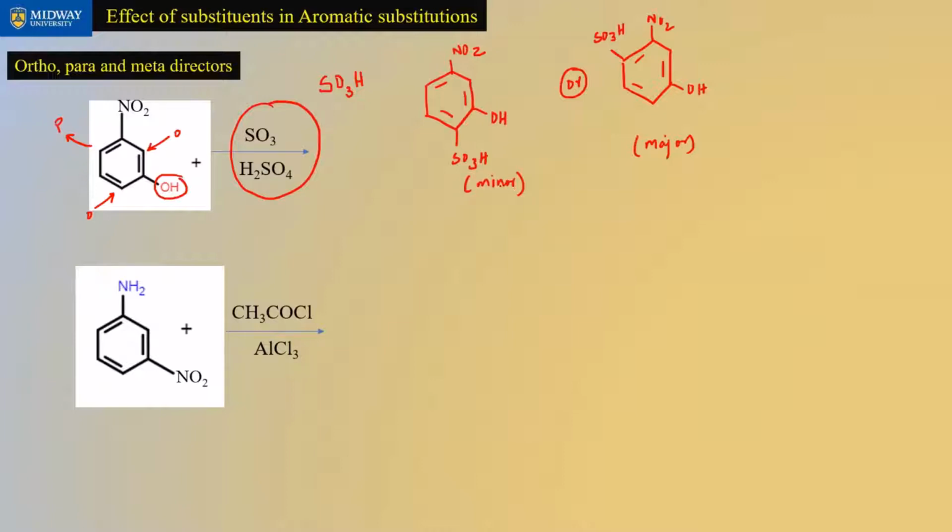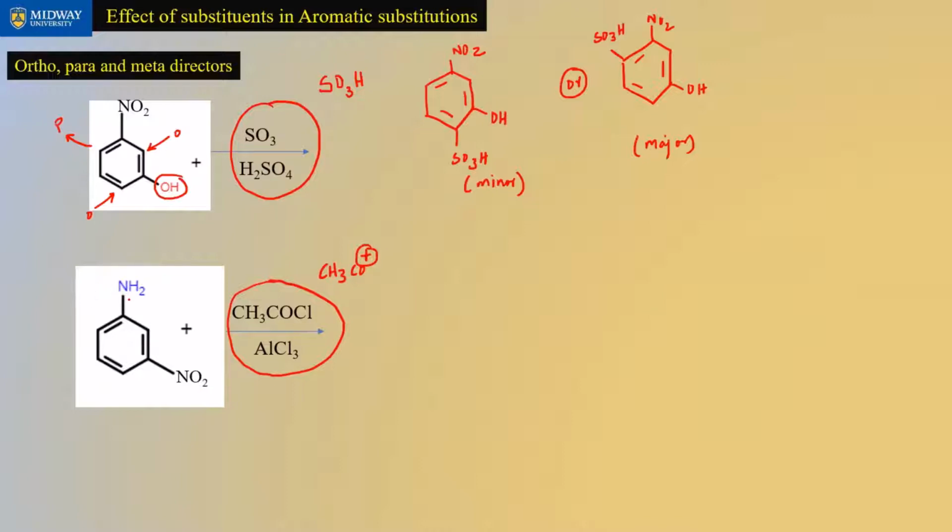Okay, just like in the next case, this is a Friedel-Crafts acylation reagents, so that means right away we know when we combine this, we are going to generate an electrophile CH3CO+, and this is what gets added to the ring. Now, as with the previous case, NH2 is activating, NO2 is deactivating, so NH2 wins the race.